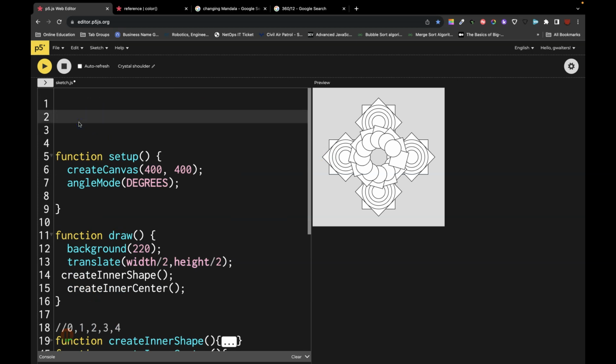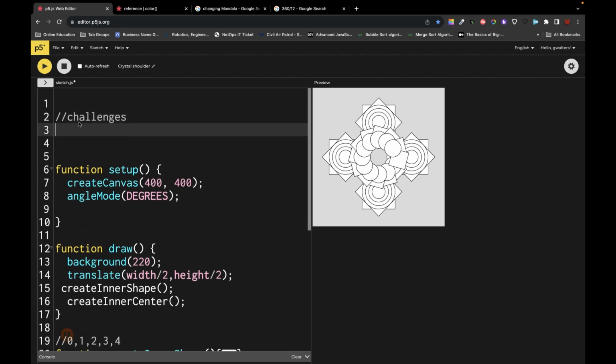And we're going to want to map those to mouse X and mouse Y so that we can save this out. So the challenge is that you're going to need to have composite shapes.